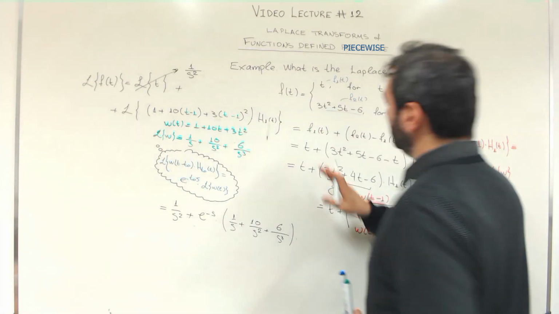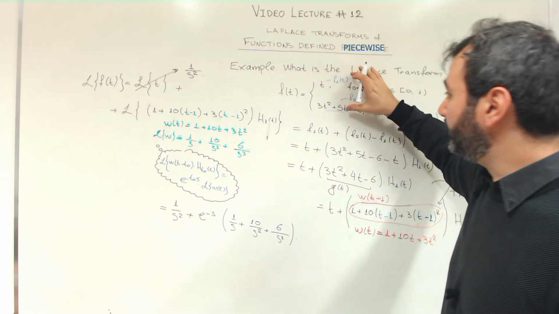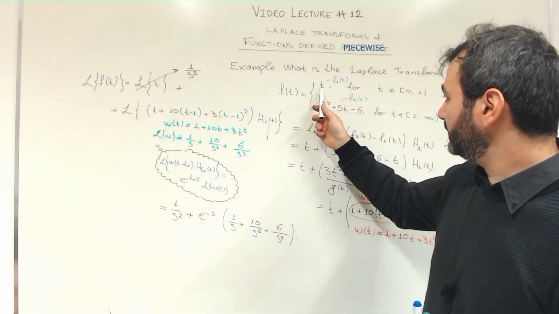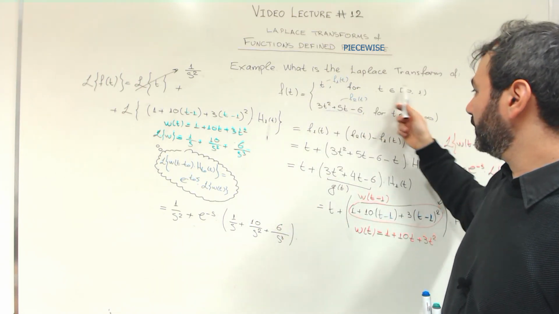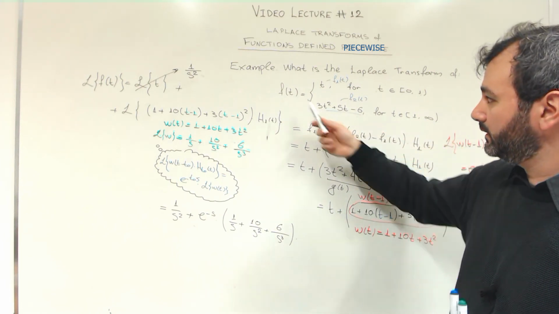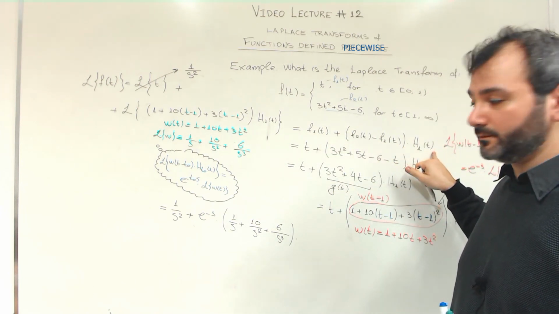So what did we do? We took this function f, which is defined piecewise. It has two branches. It is defined by t for times below 1 and by this polynomial for higher times after 1. We wrote it equivalently using the Heaviside function.